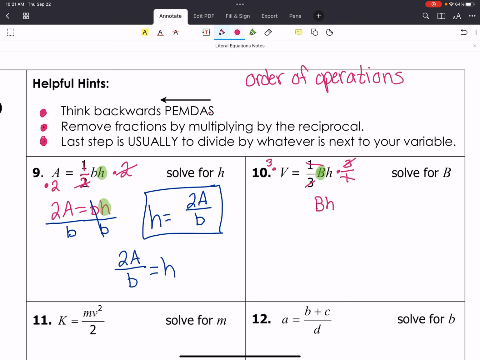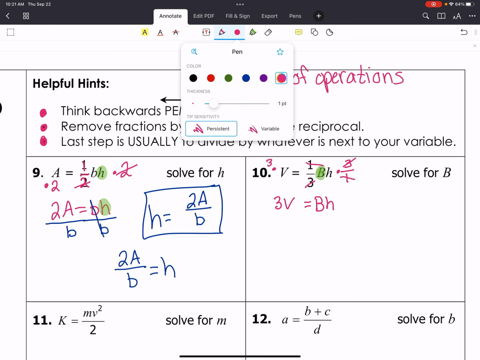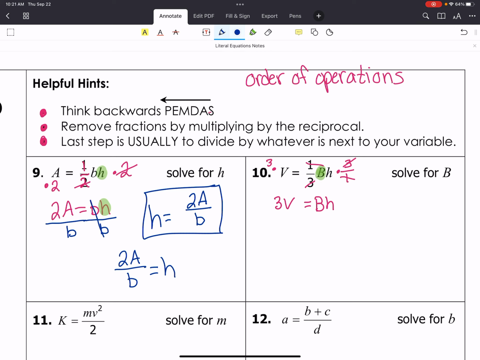On the right side, I'm just left with b times h. On the left side, I'm left with 3v. Remember, I'm trying to solve for b this time. B is in boy. So I need to divide both sides by this h to get rid of that h, which leaves me b equals 3v over h.